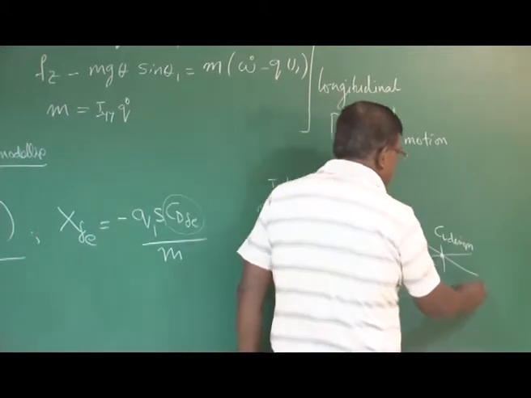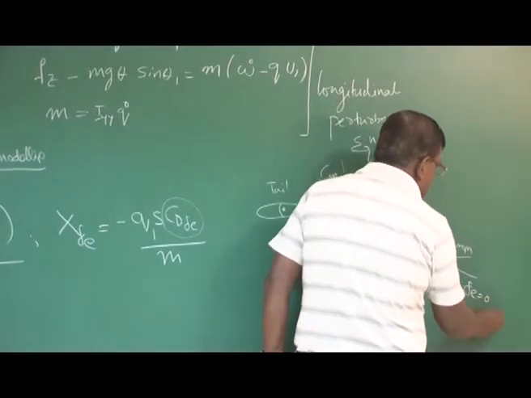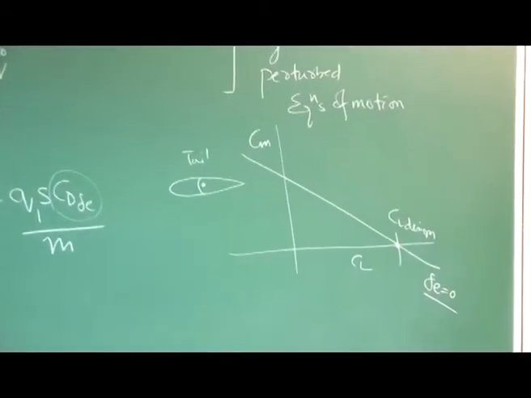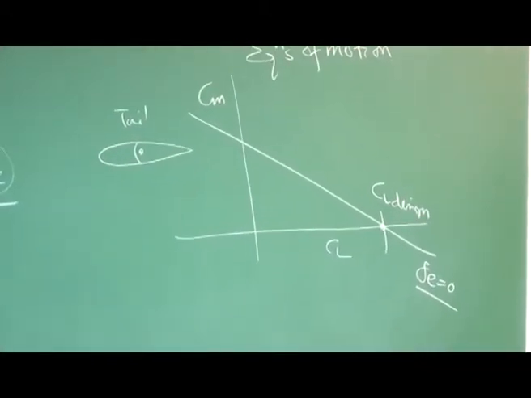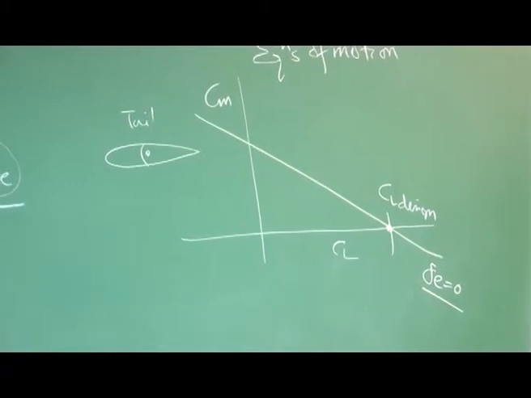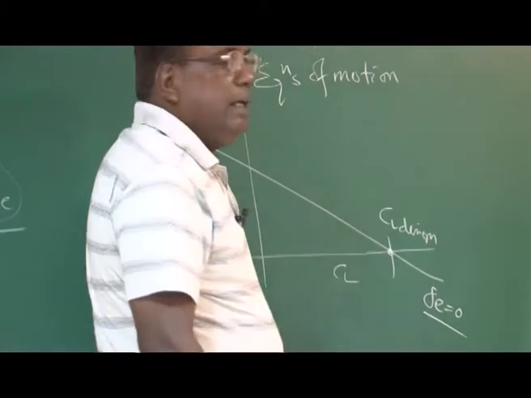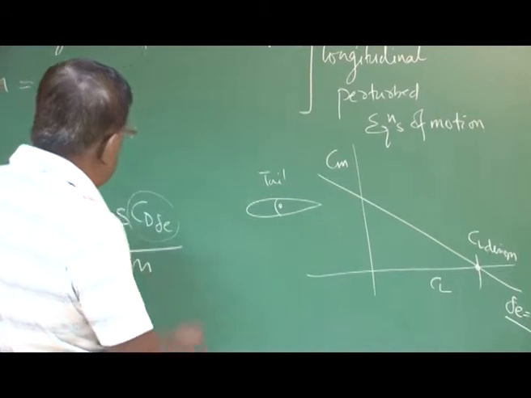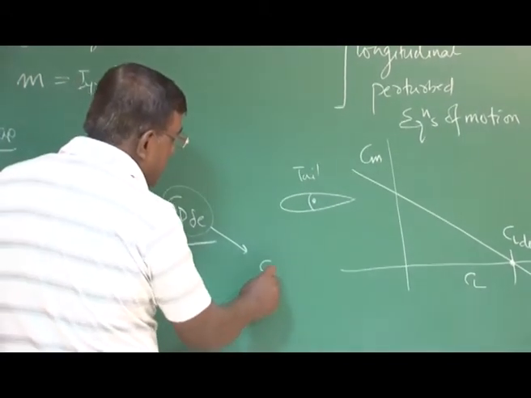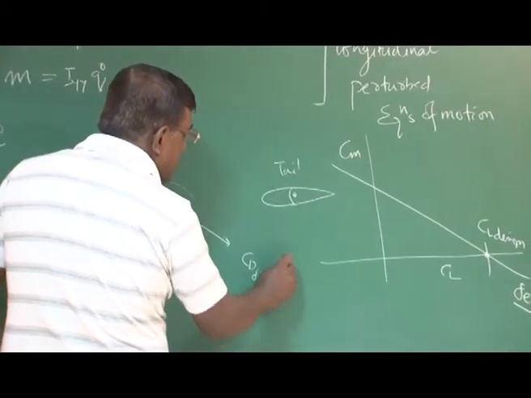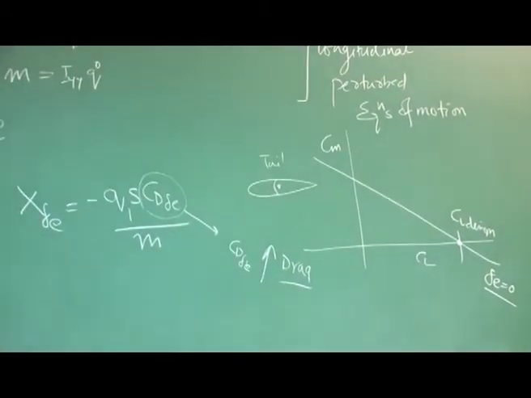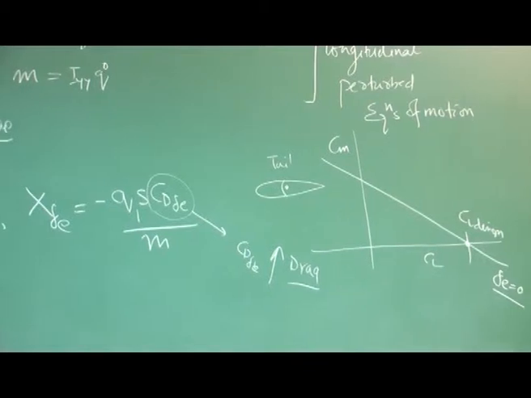Also, I will prefer the airplane should automatically get this configuration at delta E equal to 0. For example, if your main mission is to cruise, then I should be able to get a trim CL design where I need not put any delta E. Why? Because the moment I put delta E, this CD delta E tells me that there will be an increase in drag, because you are trimming it, right?